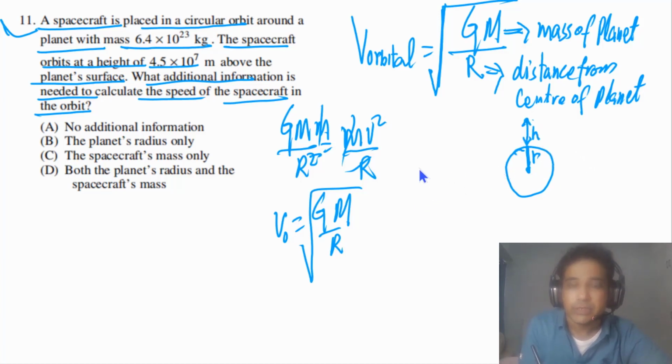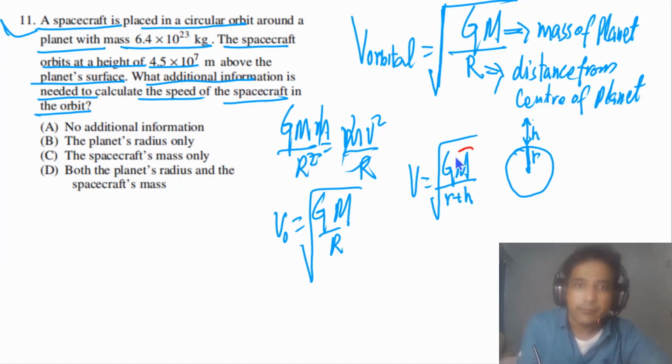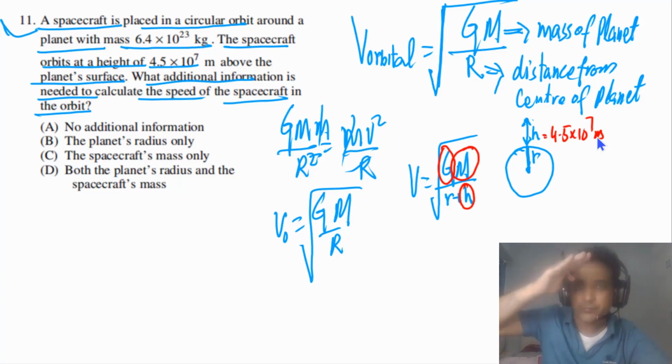So what do we need? If we rewrite the formula, orbital speed is the square root of G times capital M divided by (r plus h). G is a constant, and we have the value of M. This height is given to us, equal to 4.5 times 10 to the 7 meters, the height from the surface of the planet.